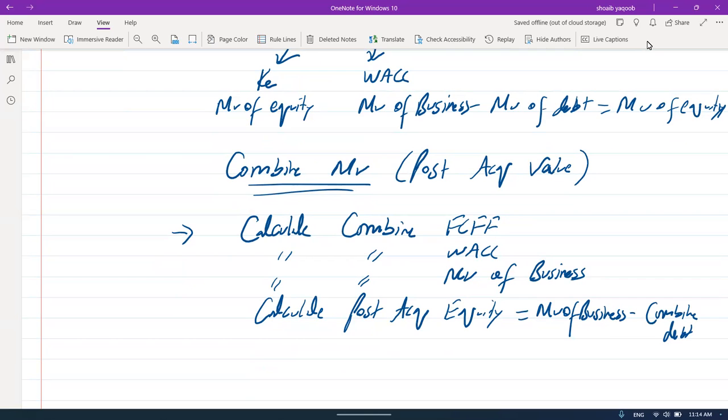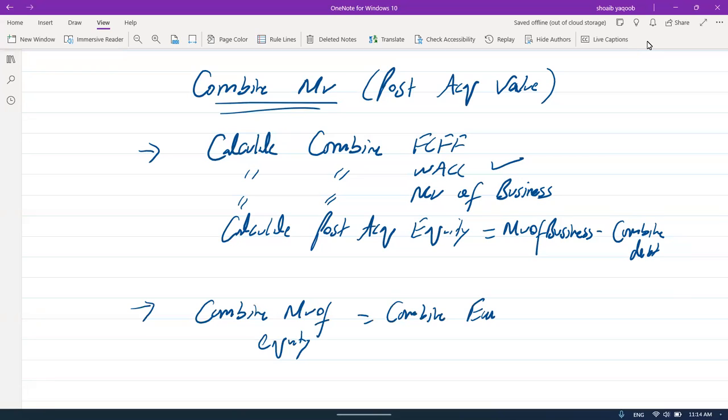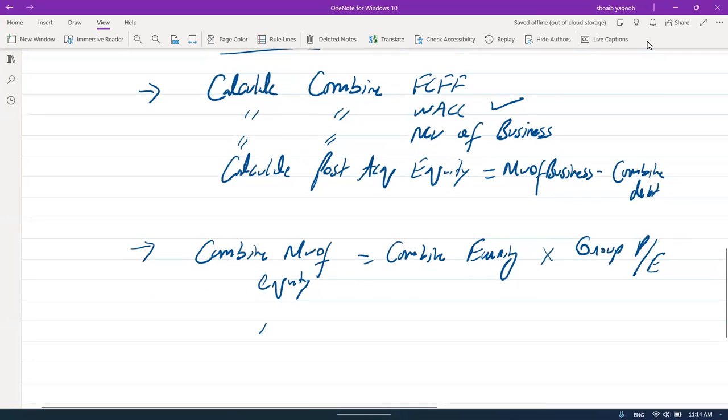Here, the challenge is to calculate the combined WACC. The rest of the question is easy. Then combined market value of equity can be calculated using combined earnings into group PE ratio. It can also be calculated using combined free cash flow to equity into group price to cash flow ratio.